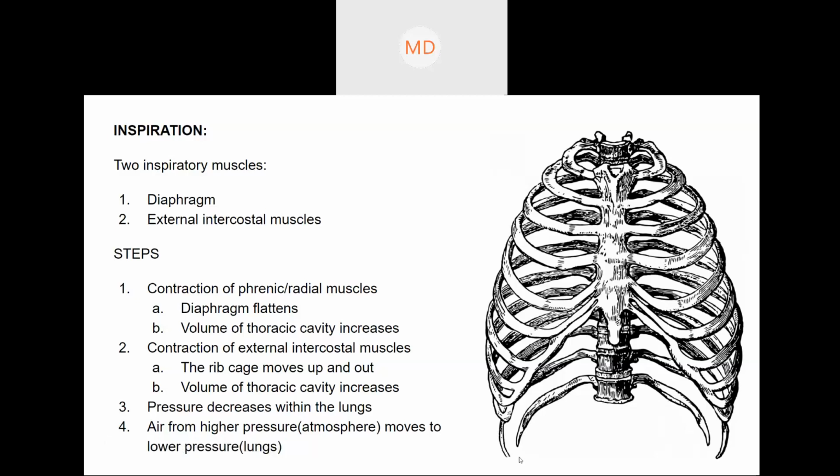It is in the middle a little bit upward, so it is sort of dome shaped. The diaphragm is located at the base of the ribs, and it is dome shaped, like an inverted plate.